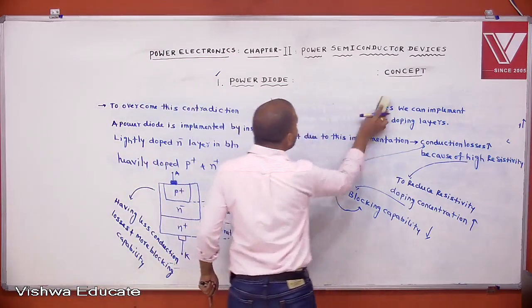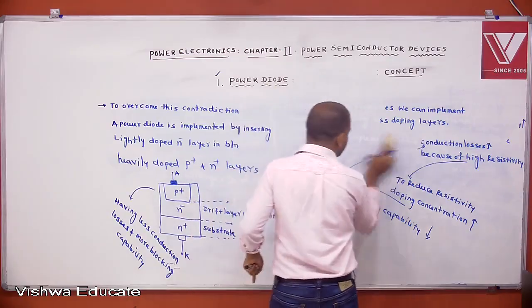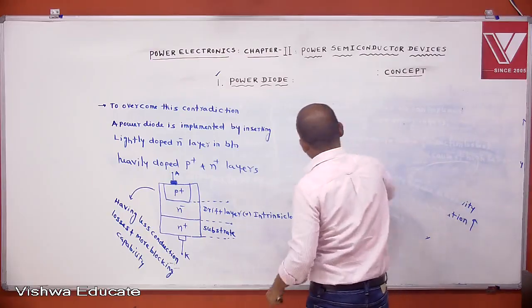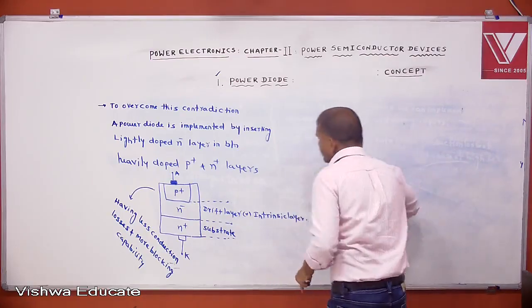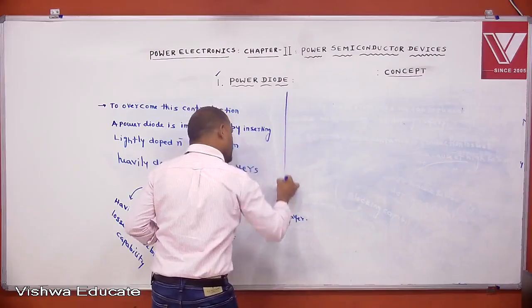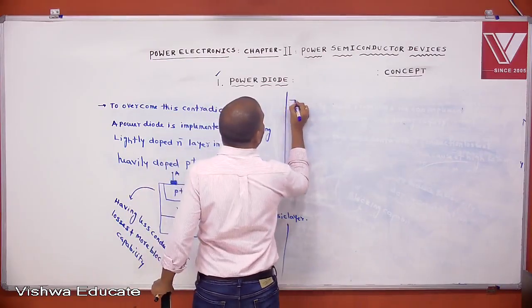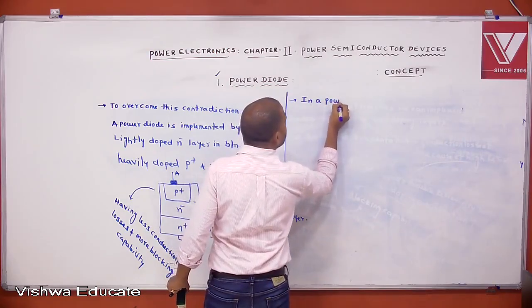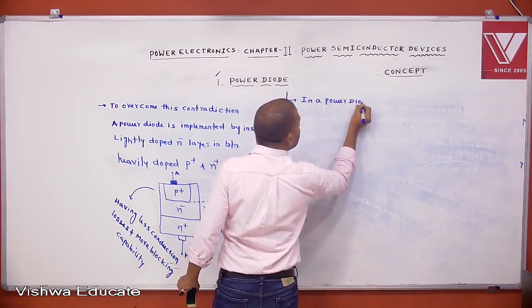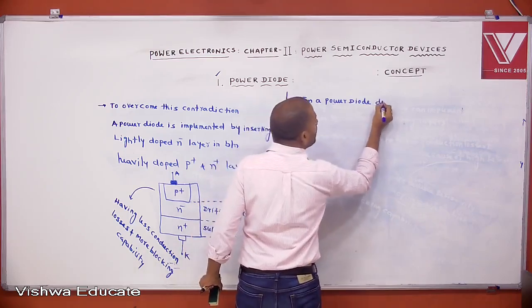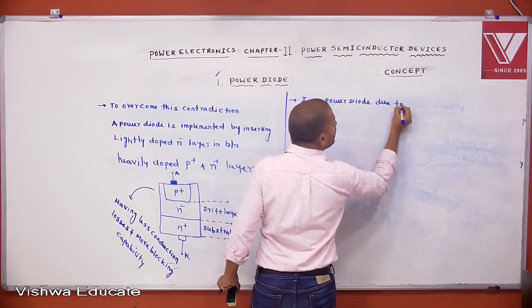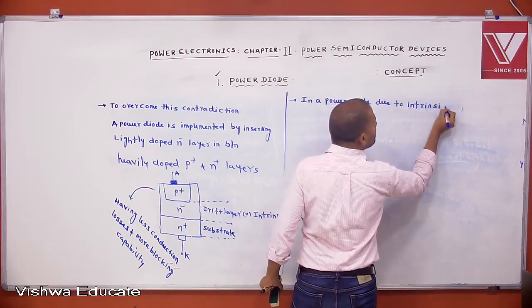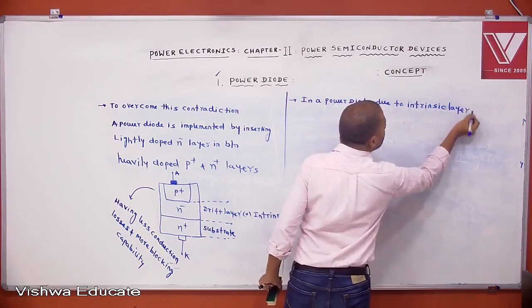Due to the intrinsic layer in a power diode, what happened?